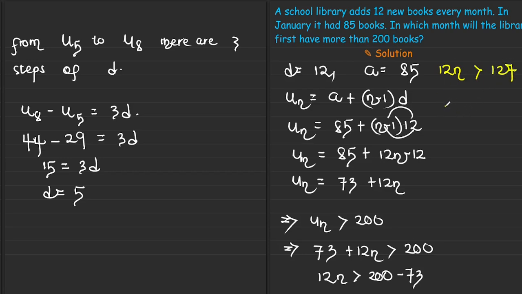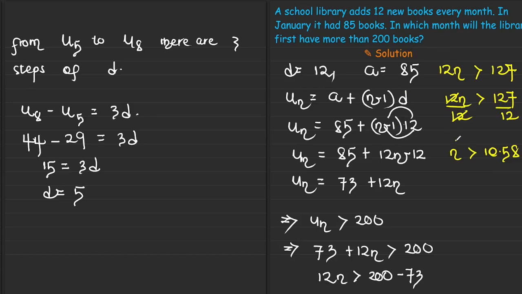So we would need to divide both sides by our 12, so that this 12 takes out this 12, and we have our n, which is greater than, if you evaluate this, you are getting 10.58 on your calculator.